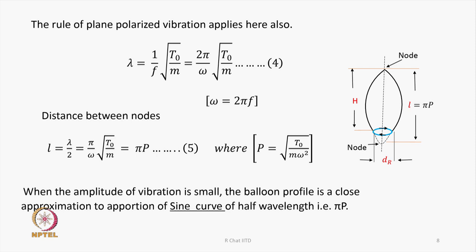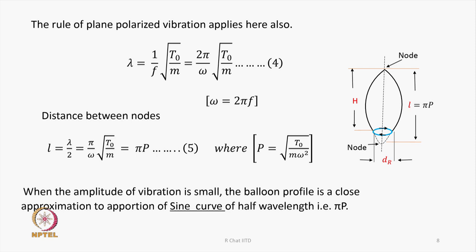So, when the amplitude of vibration is small, the balloon profile is a close approximation to sine curve of half wavelength, that is pi p. It is a close approximation to a portion of the sine curve of half length, that is pi p.